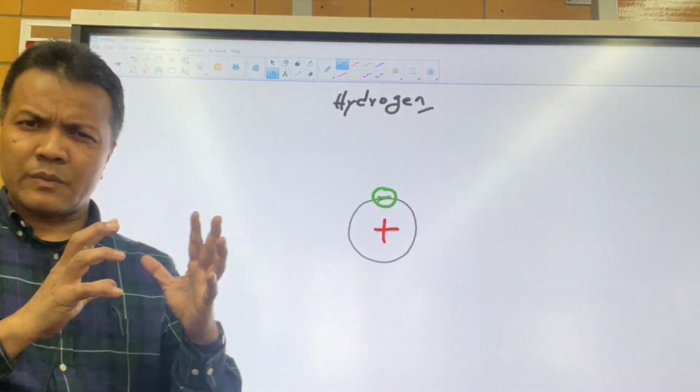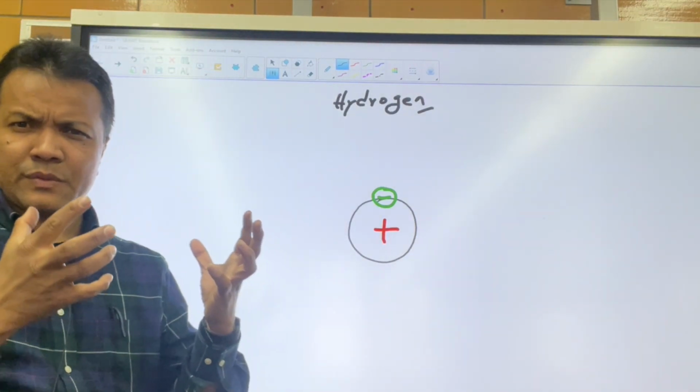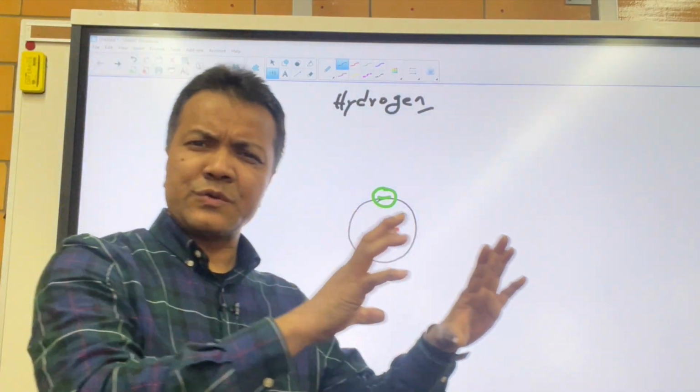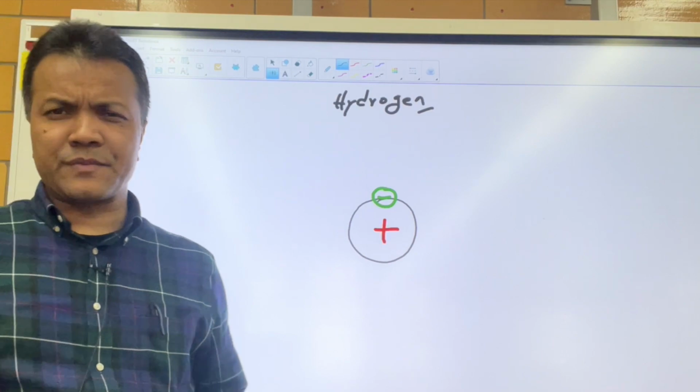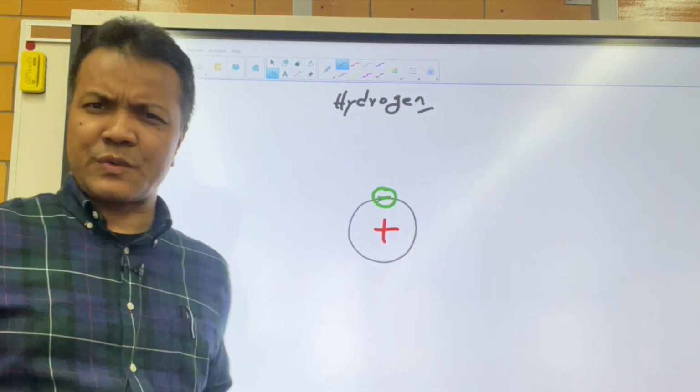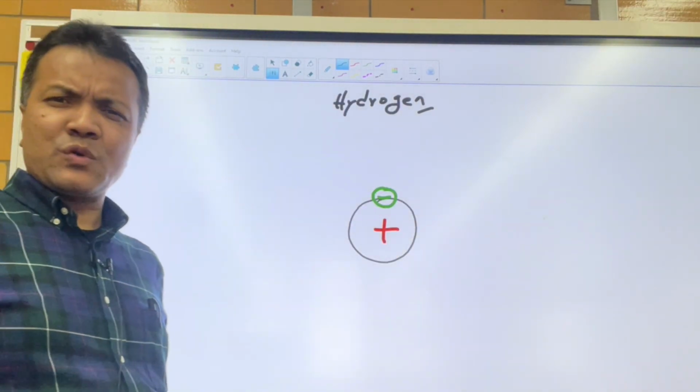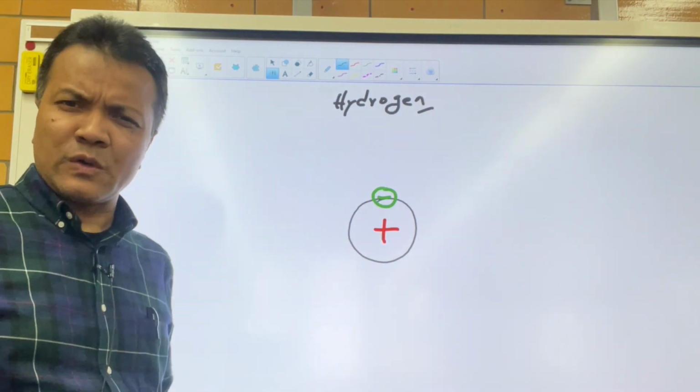Now, the question is, what does the proton use to control the electron? That's what we're going to try to understand. That's the question we're going to pose. What does the proton use to control the electron?